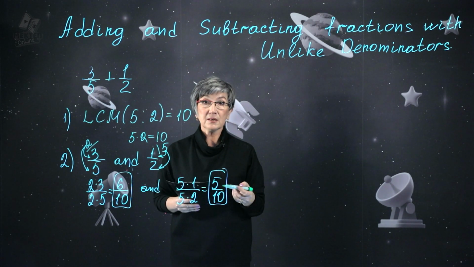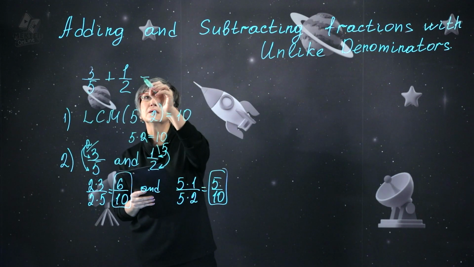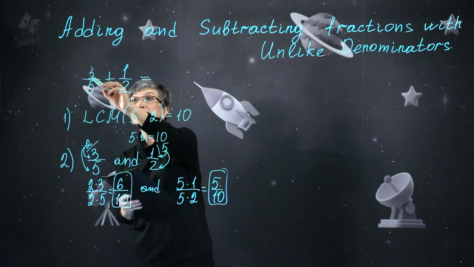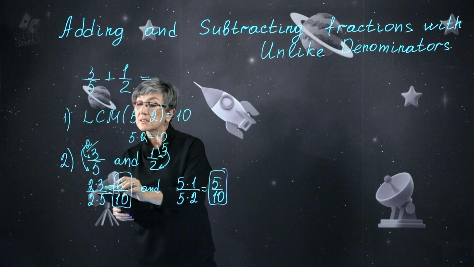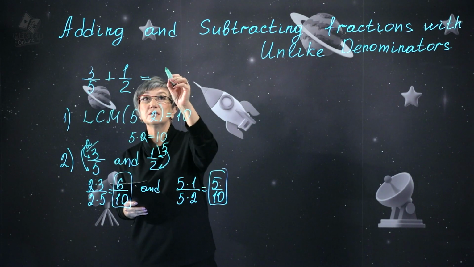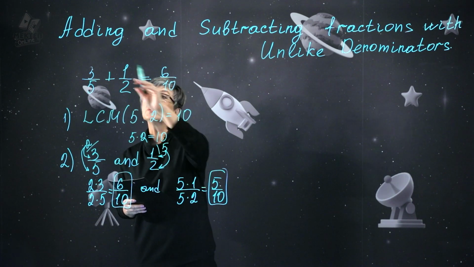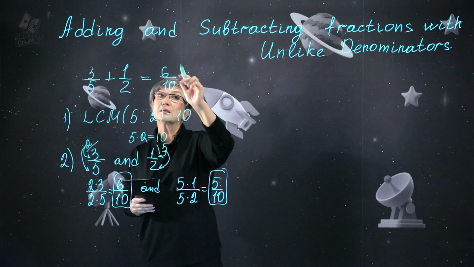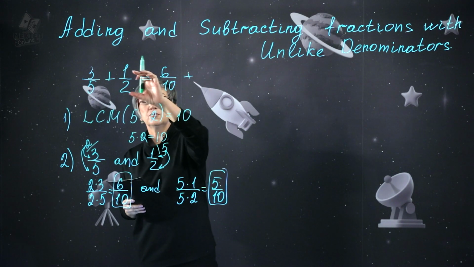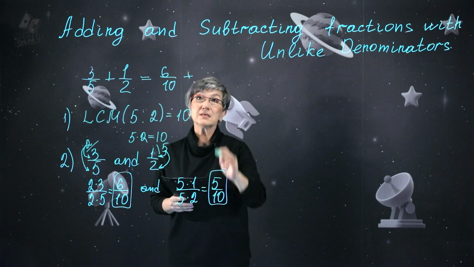Only then can I add these fractions. So instead of 3/5, I write 6/10. So 3/5 is 6/10, plus instead of 1/2, I write down a fraction of 5/10.